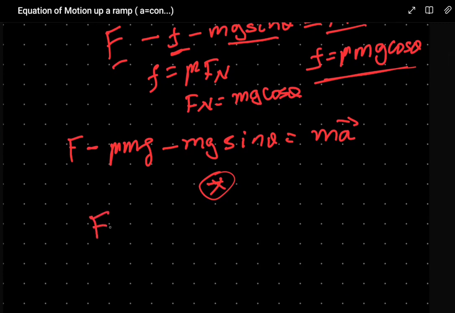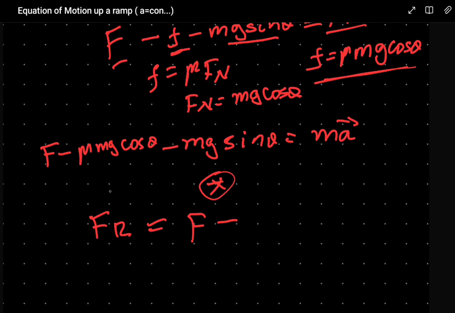As we have mentioned above, the resultant force is equal to the applied force minus the frictional force, which is mu times mass times gravity times cosine of the angle, minus the sine component of the weight, mg sine theta.